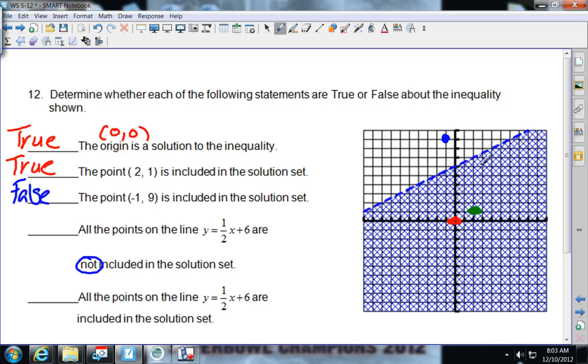This is a dashed line, right? So it is not included. So this is true. What does this line have to be in order for it to be a solution? A solid line. It says all the points on the line are included in the solution set. This is false.